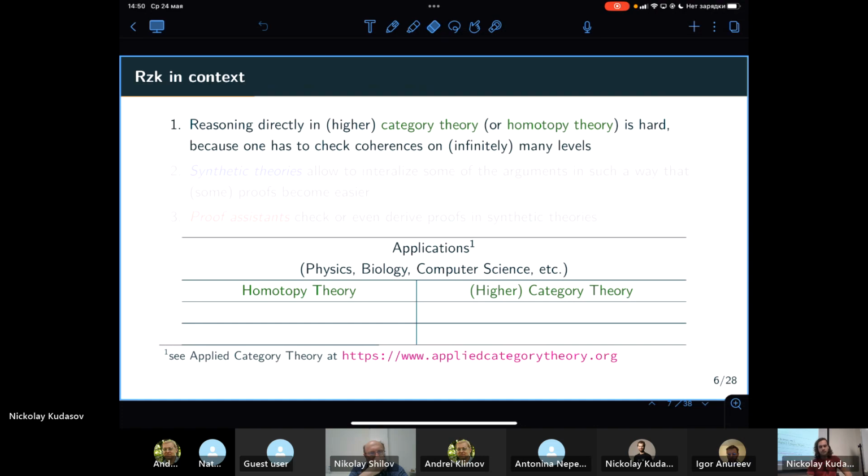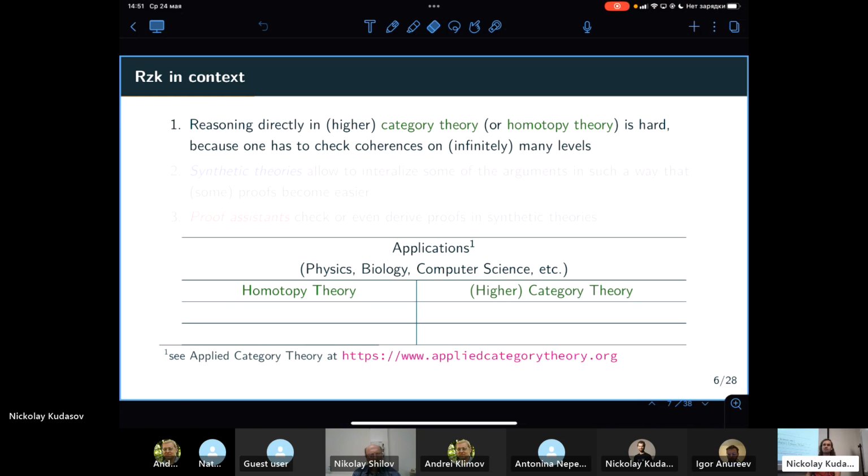This is because once you not just have objects and arrows, but you have arrows between arrows and arrows between arrows between arrows, there are some sort of coherences that you have to check. And coherences are checks that ensure that everything makes sense.